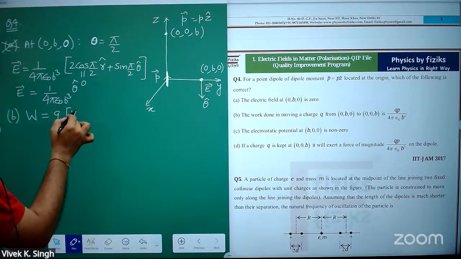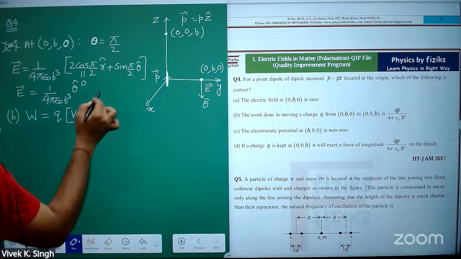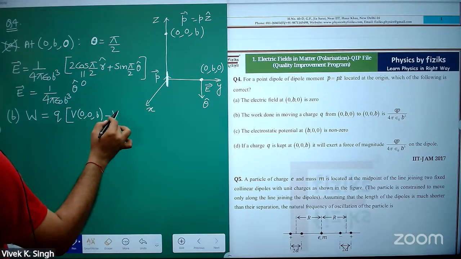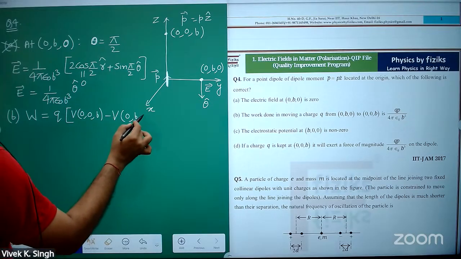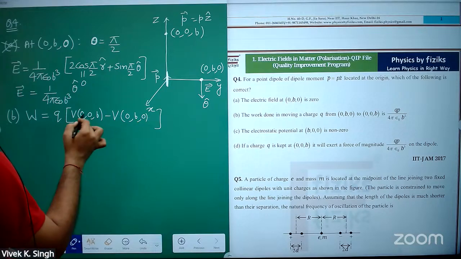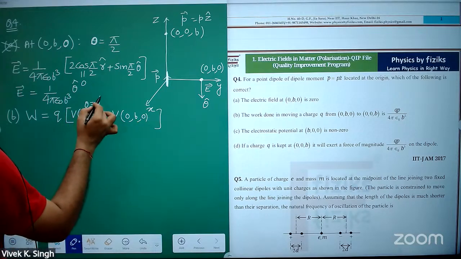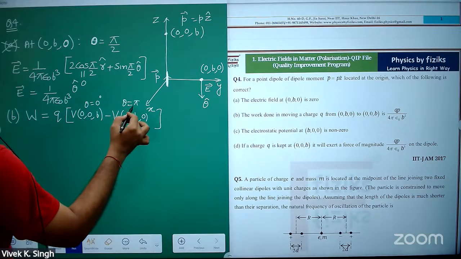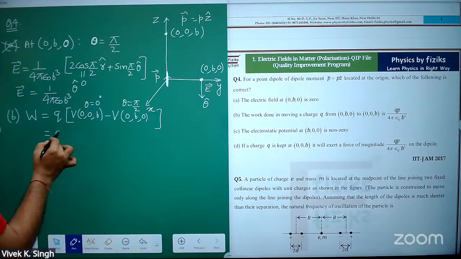So this is given by the potential at (0, 0, B) minus the potential at (0, B, 0). At (0, 0, B), theta is 0. And at (0, B, 0), theta is pi by 2. So we have to use the potential formula.